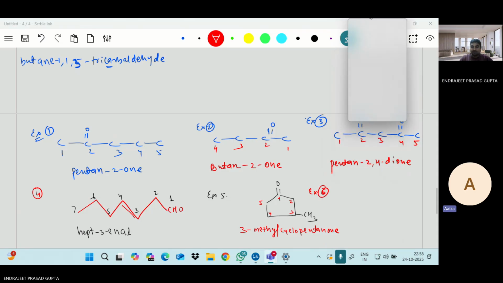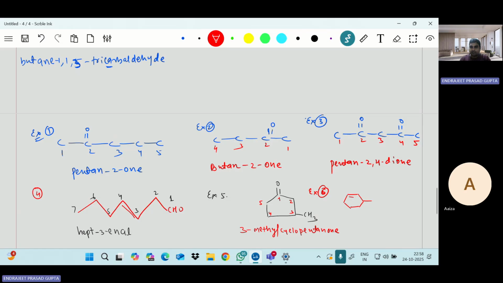Now tell me what is the nomenclature of this one? It's a benzene, C double bond O, CH2CH3. We'll start numbering from the ketone group. So it'll be prop. 1, 2, 3.